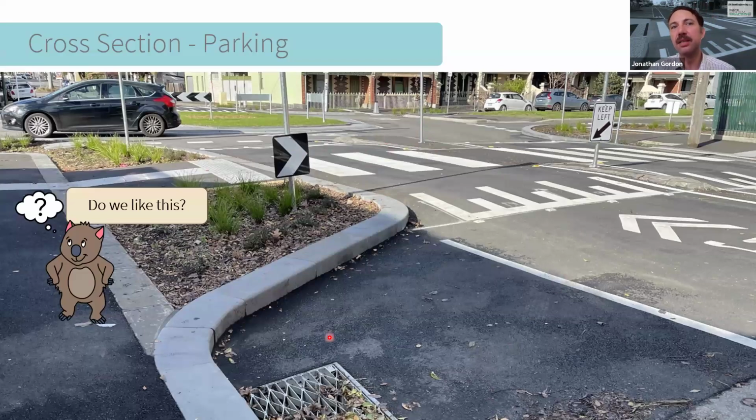But what I don't like is that you do have this parking bay here hard against the toe of the ramp section. And when a vehicle needs to park at this location, the way they need to do that is they need to approach the ramp, pull up onto the ramp with their left indicator on, and reverse in. And there's a few issues there.